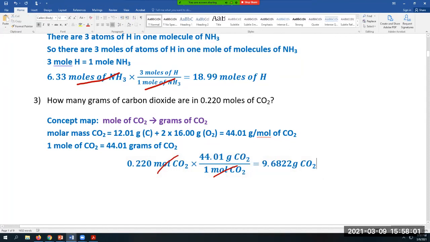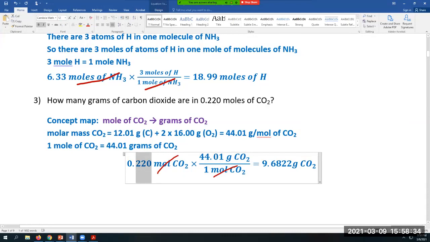Okay. So let's think about sig figs here. How many sig figs in the given amount? We have 3, the 2, and the 0 to the right. The molar masses, so the 1 per mole, will always be exact, so it doesn't limit. The molar mass can limit, but usually you have enough digits in the molar mass. So here we have 4 sig figs in the molar mass, but only 3 in the given amount.